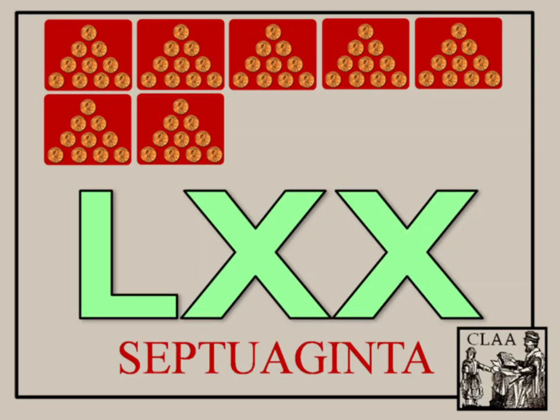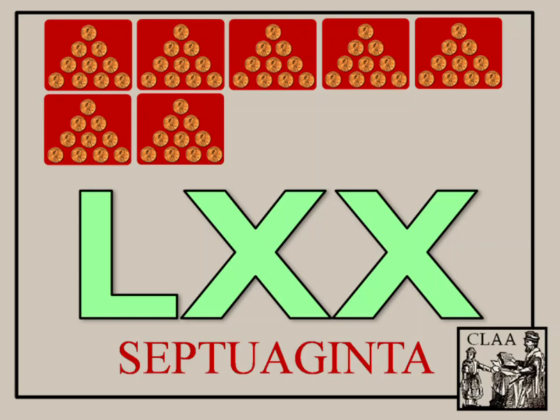If we have 7 sets of 10 in English, we say that there are 70. In Latin, the number 70 is named Septuaginta. 7 sets of 10 is Septuaginta.